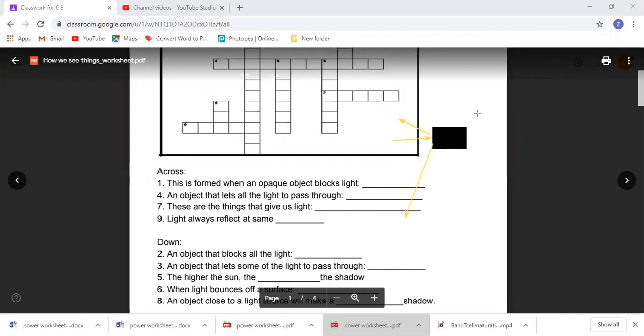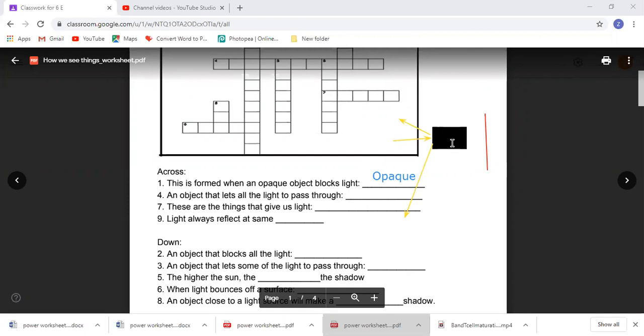And that's why a darker shadow is formed on the screen. If you have a screen over here, a darker shadow will form on this screen. So what is going to come over here? We're going to write opaque object.